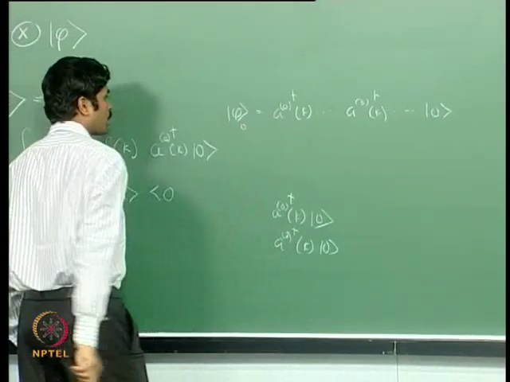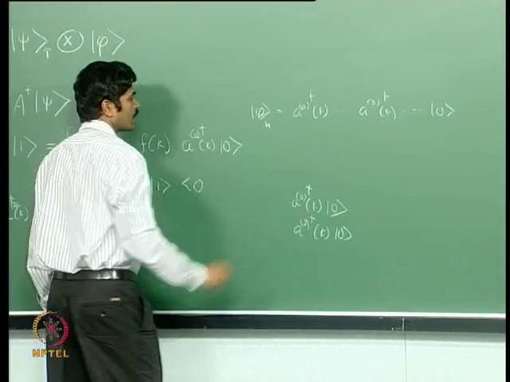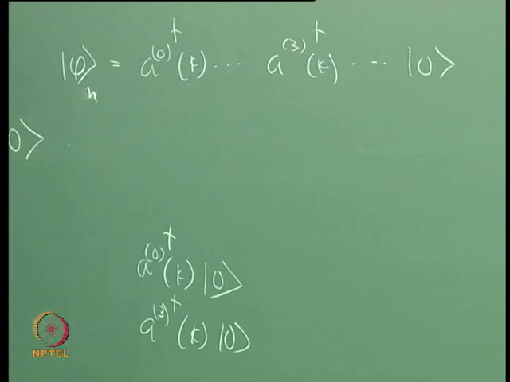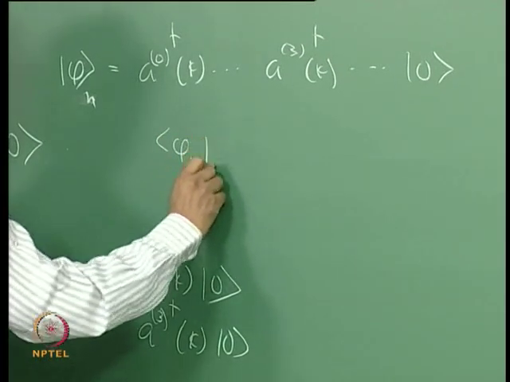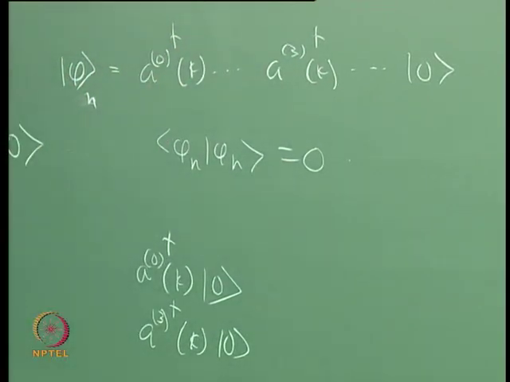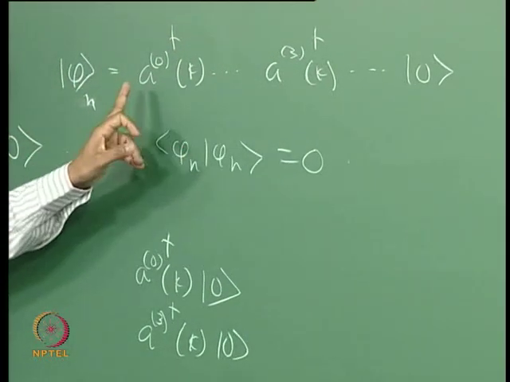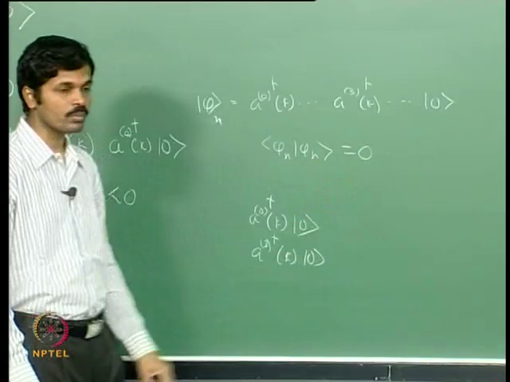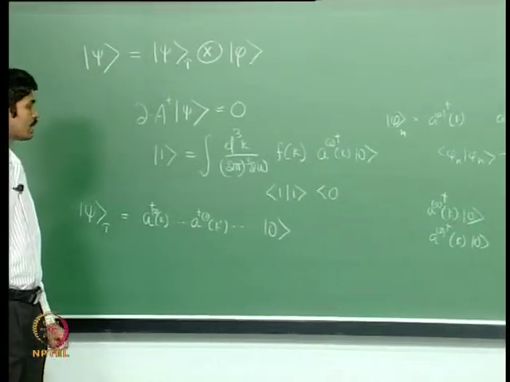I will call them phi n, these are the n particle states which have 0 norm. So the norm of these states is 0. There are a bunch of states which are generated by acting these operators on the vacuum with 0 norm. These will be there in the physical Hilbert space.